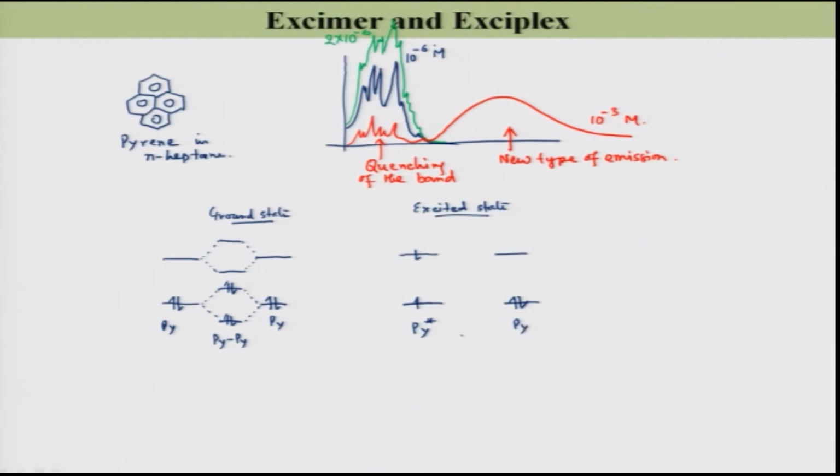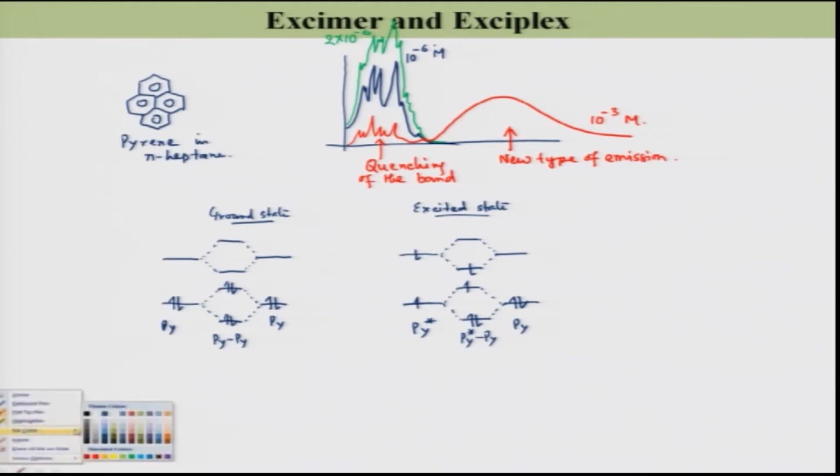So, if I now consider one pyrene in the excited state and another in the ground state, then what I am going to see in the mixed orbitals is that 2 electrons will come here and 1 electron will go there, and in this case 1 electron will come here. Now, if you look at this one, 2 electrons are destabilized.